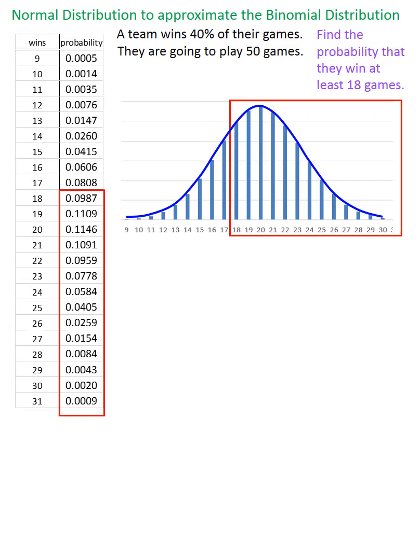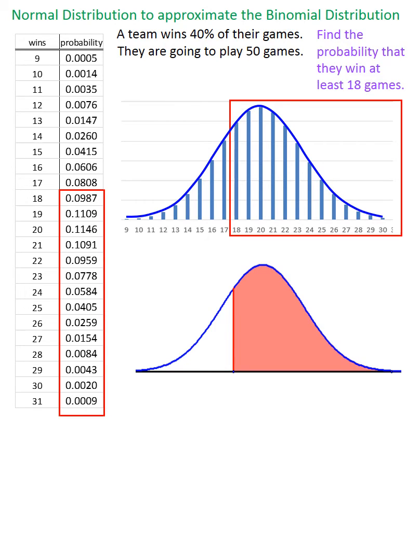So how can we use a normal distribution to approximate the sum of 18 or more games? If we can find a suitable normal curve as shown here, then finding the sum of the probabilities in the red box would be about the same as the red shaded area under the normal curve.